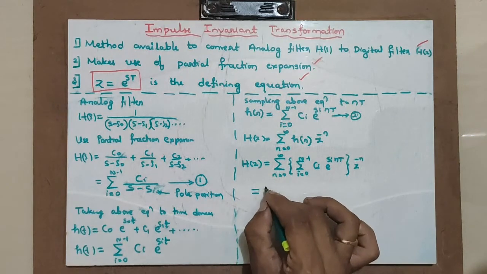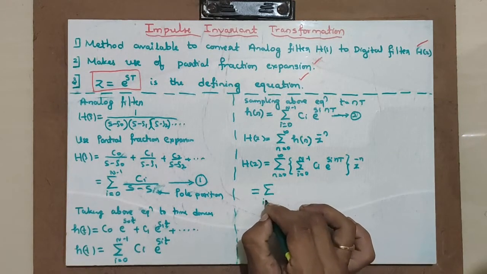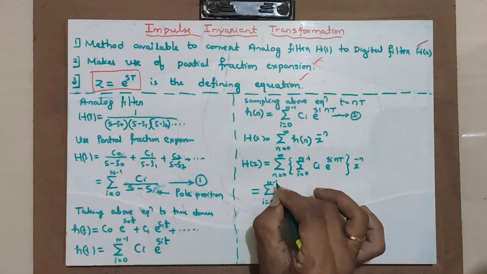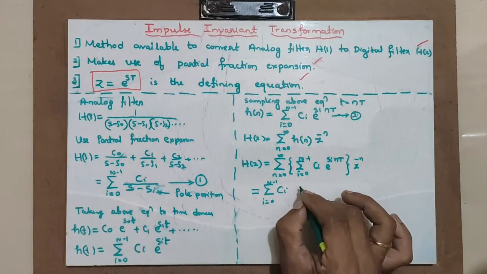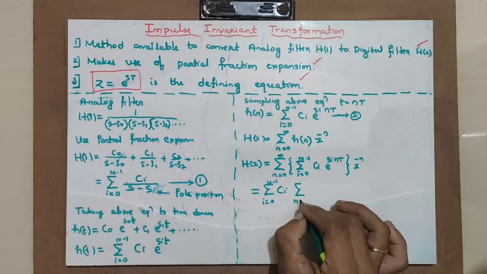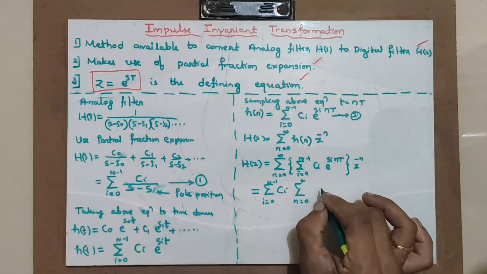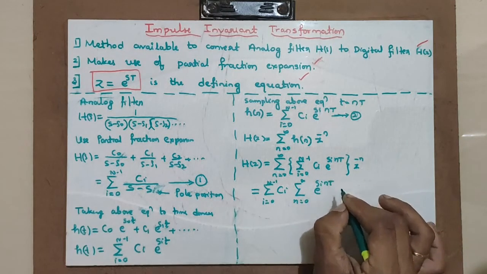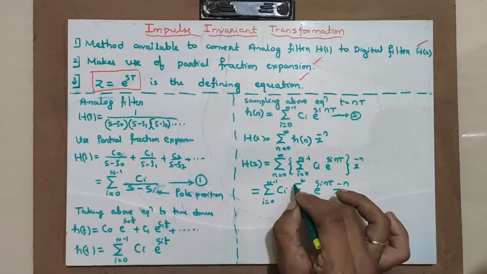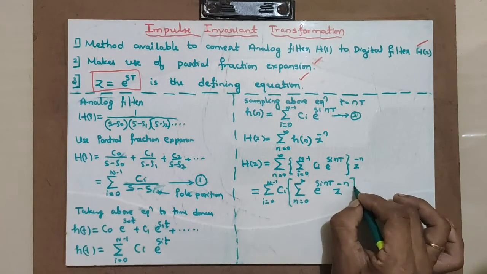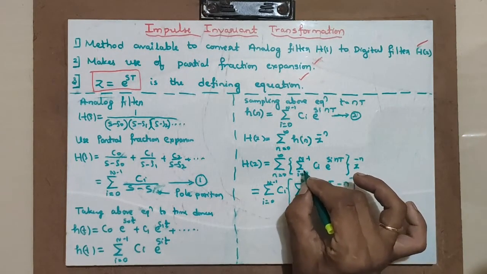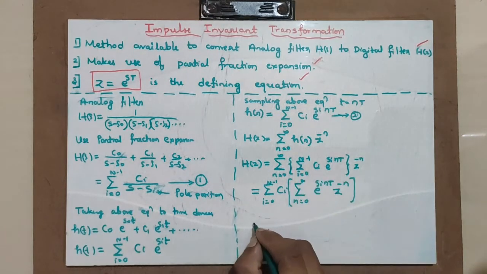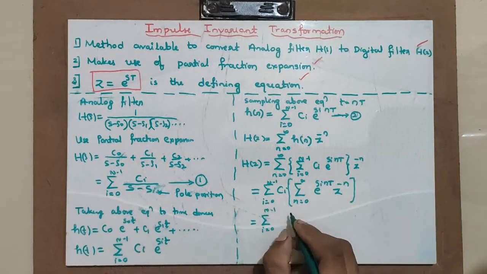It becomes equal to summation i is equal to 0 to n minus 1 Ci, summation n is equal to 0 to infinity e raised to Si nT z raised to minus n. I hope you understood what I have done. I took this summation outside, that's all. Now it became summation i is equal to 0 to n minus 1 Ci.